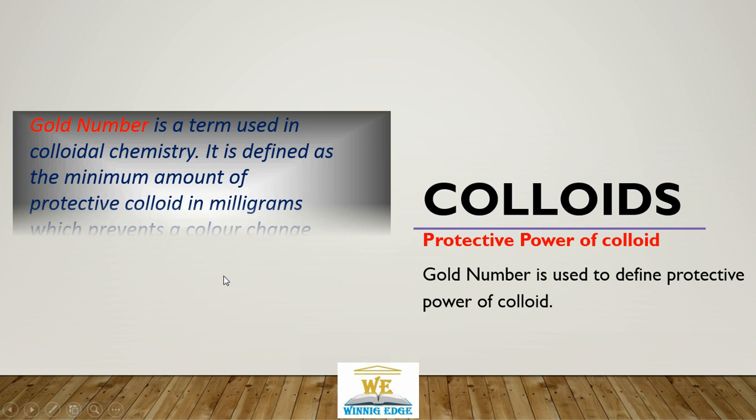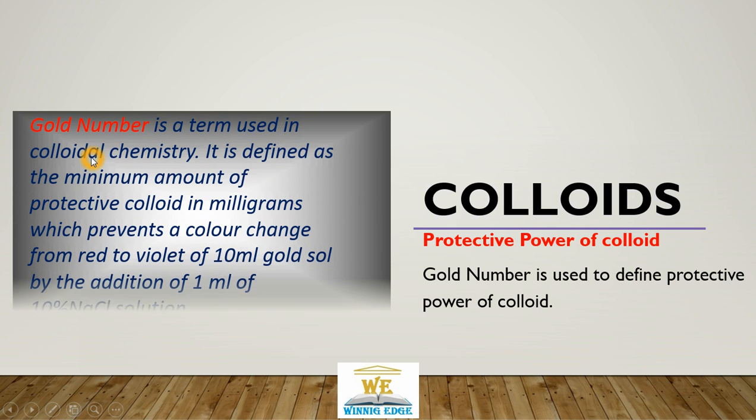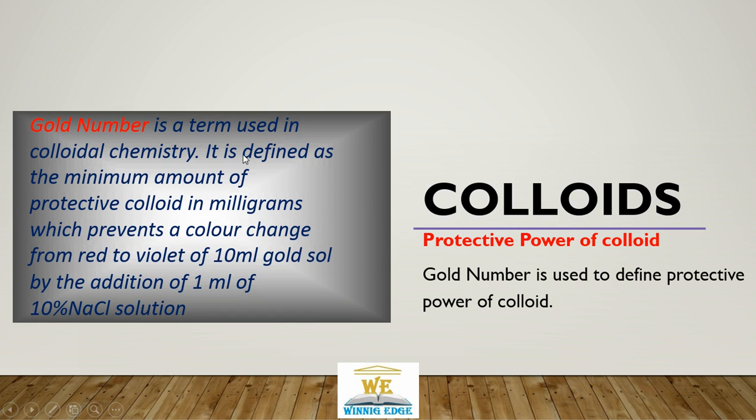Gold number is defined in colloidal chemistry as the minimum amount of protective colloid in milligrams which prevents a color change from red to violet of 10 ml of gold sol by the addition of 1 ml of 10% sodium chloride solution.